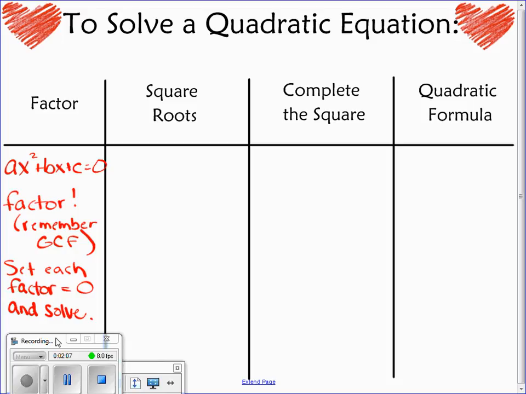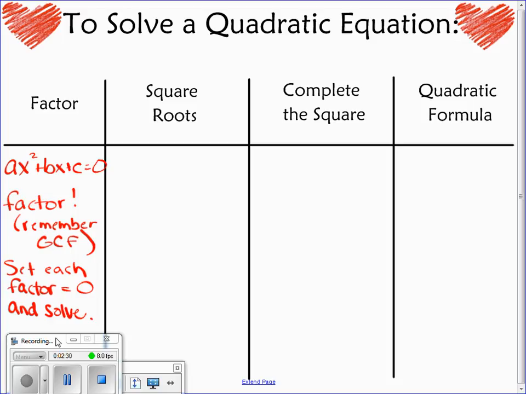So just so we can have a way to organize all this, because if you don't have a way to organize it, it all kind of runs together after a while. So I'm trying to help you guys separate it, figure out which method is which method. When it comes time for your test over all this, you're going to have a 5-part test. You have 5 different sections to your test. One section having you do all 4 of the methods, so there's 4 of them.